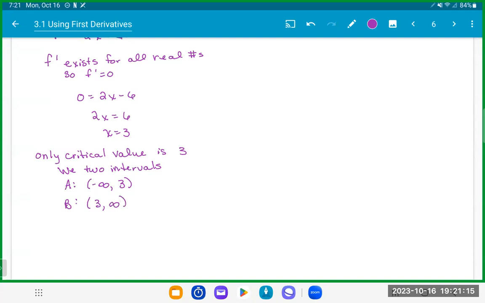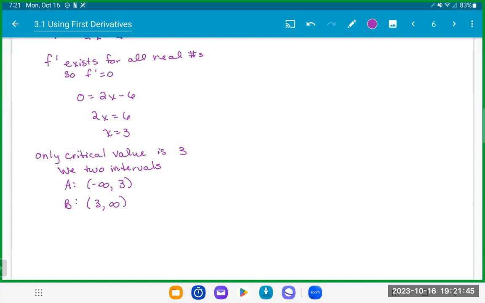Had we had positive 3 and negative 3, it would have been 3 intervals because it would have been negative infinity to negative 3, negative 3 to positive 3, and positive 3 to infinity, right? We have to cover the whole entire number line, but every time you have a critical value, we must have a break in the graph, or in the interval, okay?